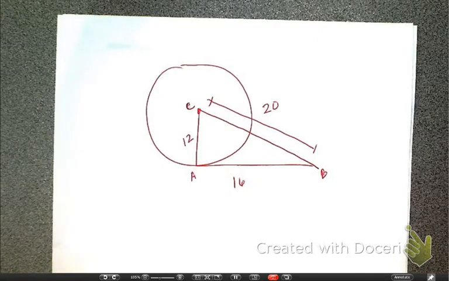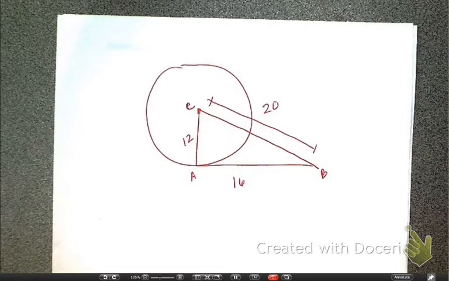Okay. Now, we know what the Pythagorean theorem is, right? A squared plus b squared equals c squared. The definition of the Pythagorean theorem is if you have a right triangle, then a squared plus b squared equals c squared. The converse to that is if a squared plus b squared equals c squared, then we have a right triangle.